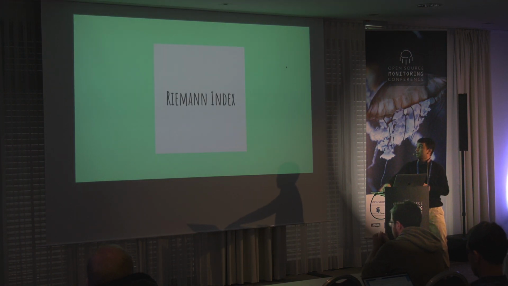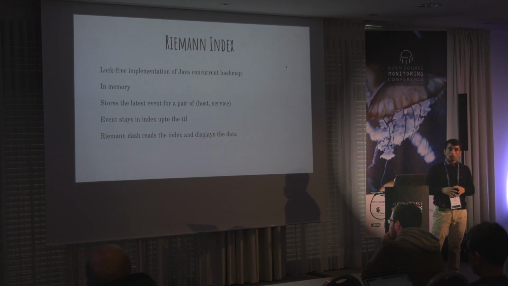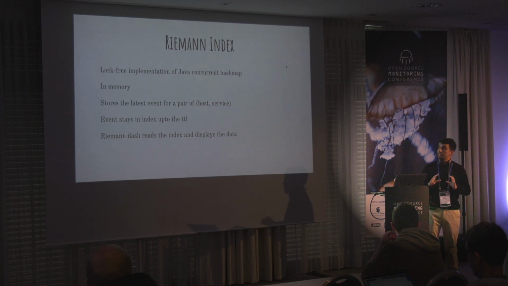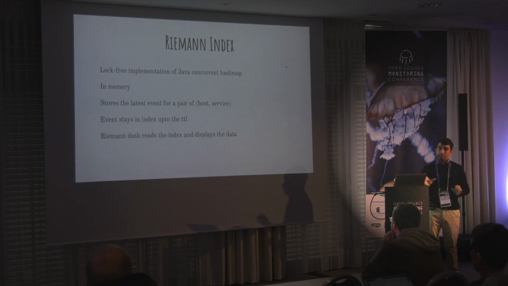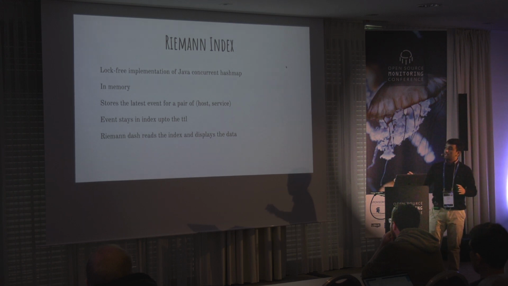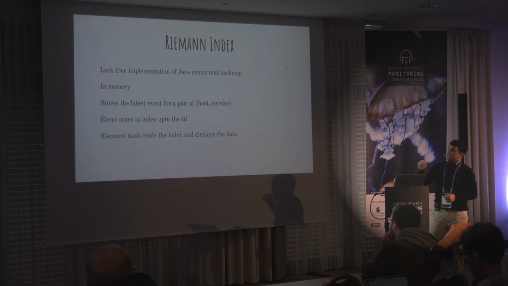Let's look a bit at the Riemann index. Index is basically using a Java concurrent hash map implementation, which is lock-free and non-blocking. It's completely in memory. It only stores the most recent event for a pair of host and service. So the key of this hash map is the host and service tuple, and the value is the complete rest of the fields in the event.